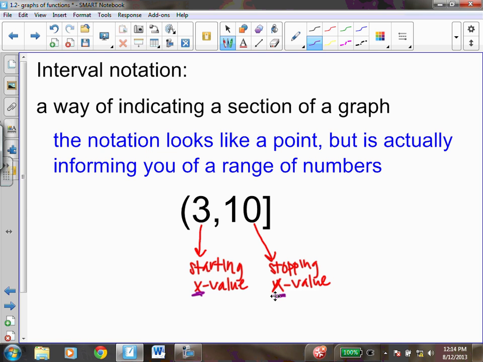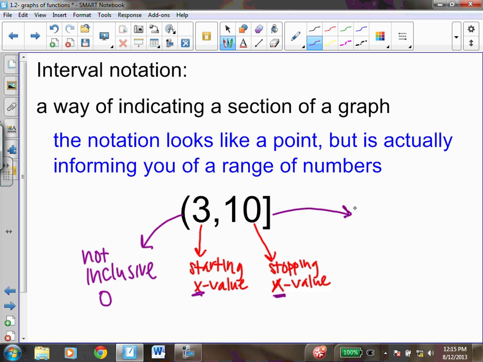We also need to pay attention to the brackets. A round bracket means not inclusive. It's almost like saying greater than or less than, or an open dot instead of a closed dot.